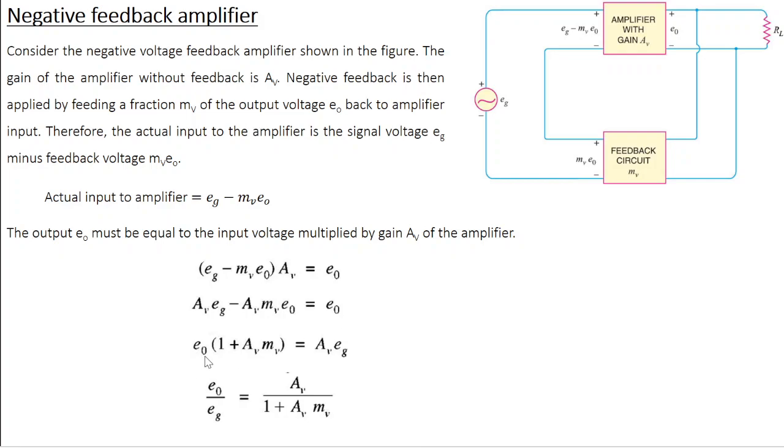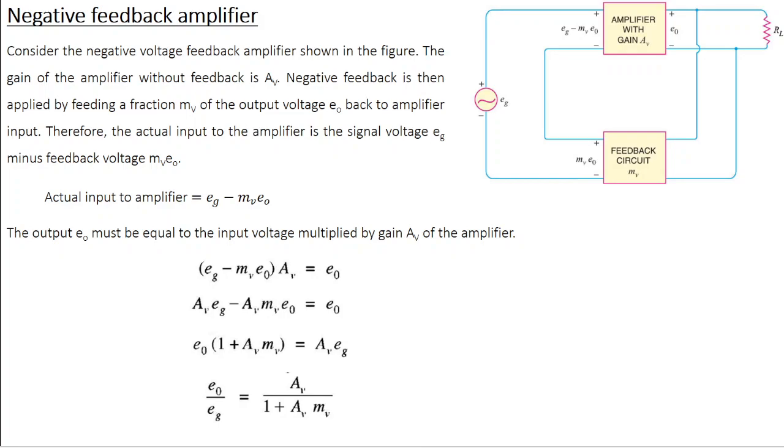Take it outside. So E0 into (1 plus AV mV) equal to AV Eg, or E0 by Eg equal to AV divided by 1 plus AV mV. And what's the meaning of this left hand side? E0 is the output voltage, Eg is the input voltage. Output voltage by input voltage is nothing but voltage gain, right?